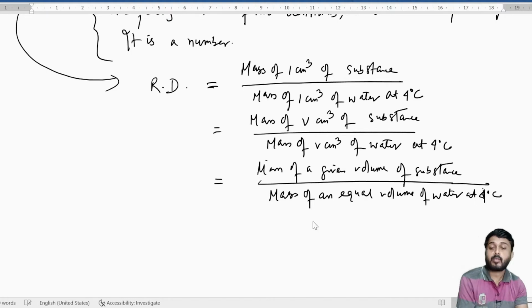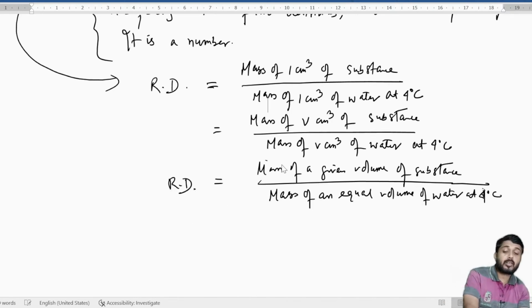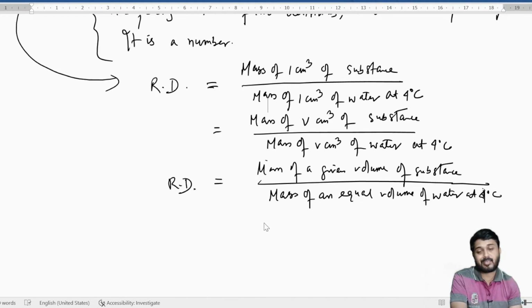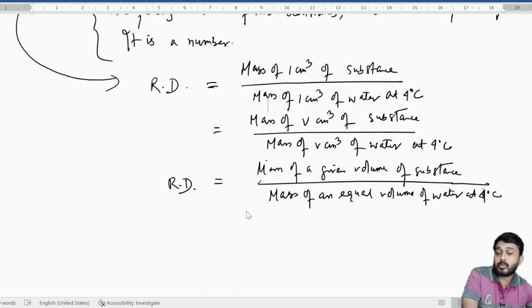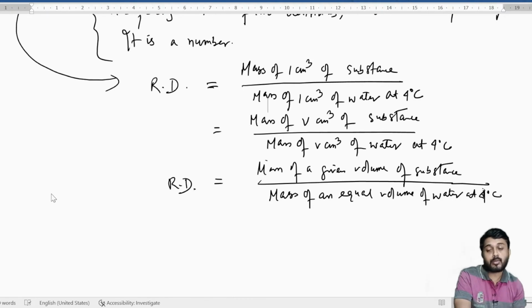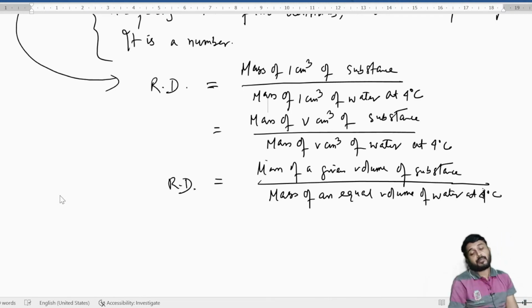Alright. So from this kind of definition also, you may simply see that the numerator and denominator both are masses. So the same units of mass are cancelling each other. So in this case also, the relative density is coming out to be a ratio, a unitless quantity. Alright, keep it in mind.